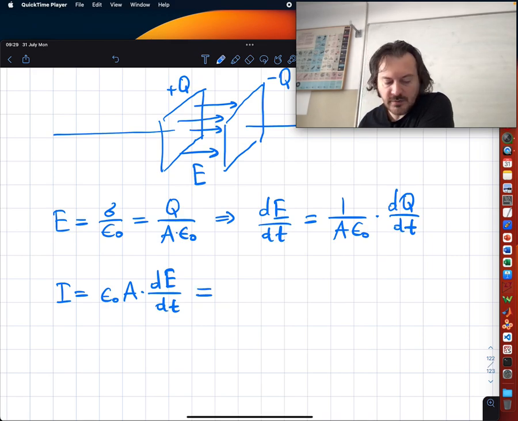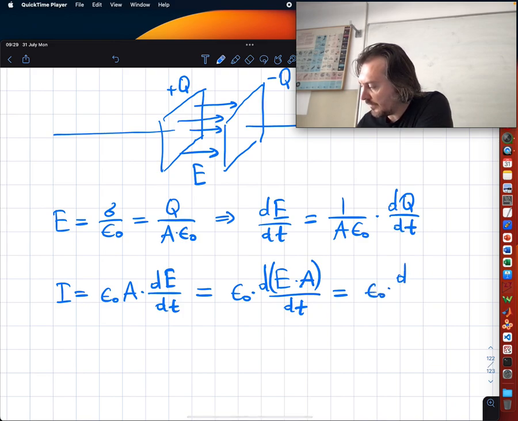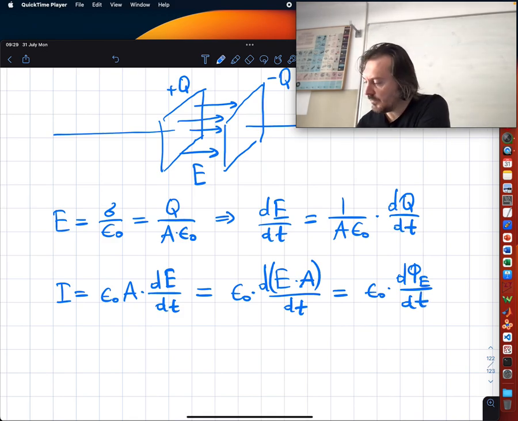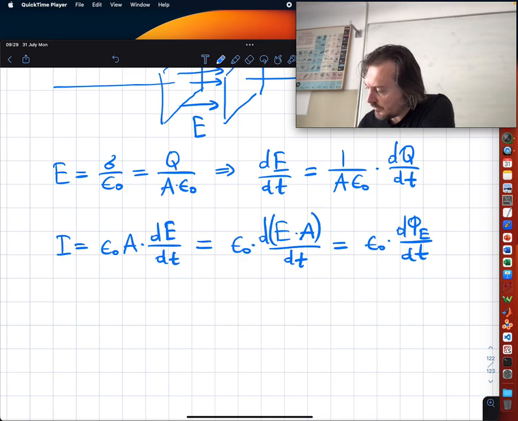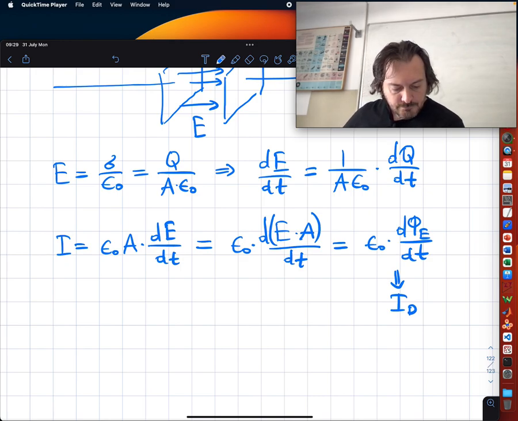And I can write this down as epsilon 0 times d(E times A) over dt, which is epsilon 0 times d phi E over dt. Do you see? So our displacement current is equal to the I mentioned in the problem. Okay?